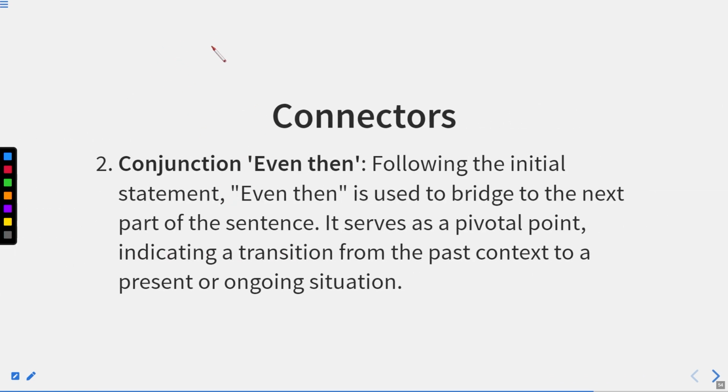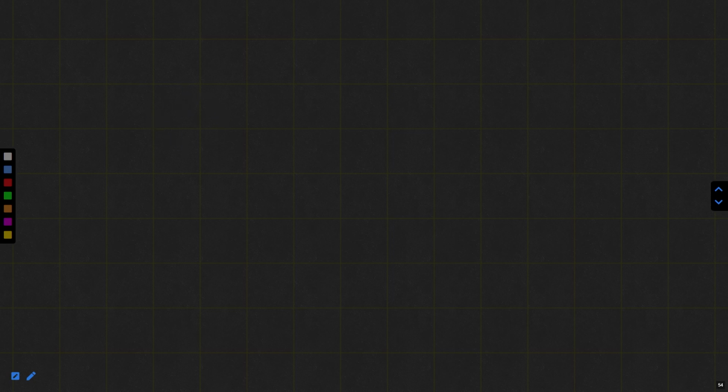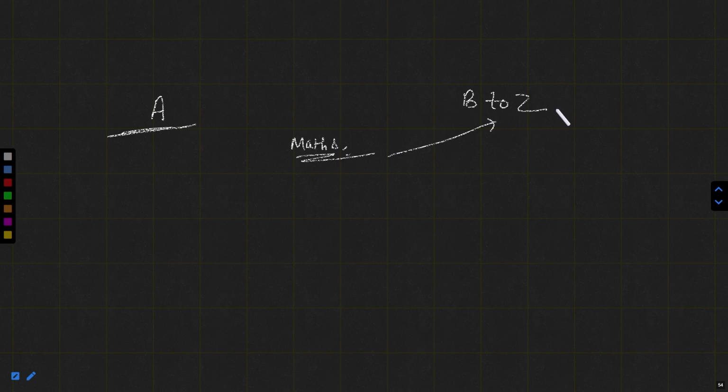For example, there is a teacher A who has taught her students some mathematics questions. Suppose there is a class teacher A and her students are B to Z. This person A has taught mathematical operations to B to Z, meaning students B, C, D, E, F, and so on.